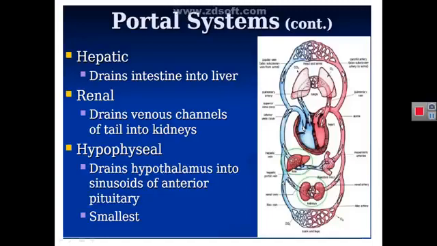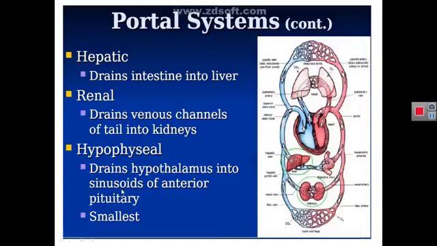Again, you may see here a portal system in the kidney, capillaries in the lower part of the body and then connected with capillaries in the kidney. So this is a portal system. In the brain, we have a gland which is called hypothalamus, and this hypothalamus is connected with another gland which is called pituitary, and each of these contains a plexus of capillaries, and so it is the hypophyseal portal system from the hypothalamus capillaries to the pituitary capillaries.